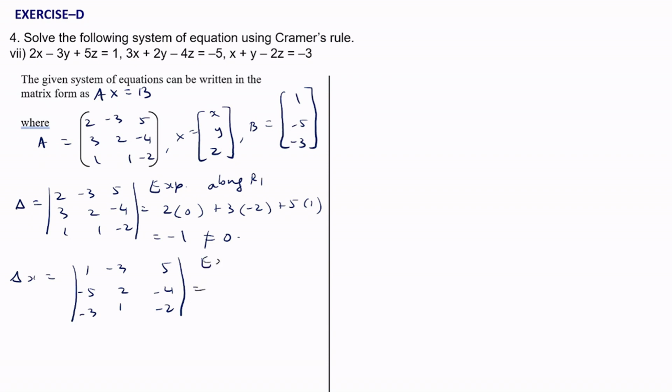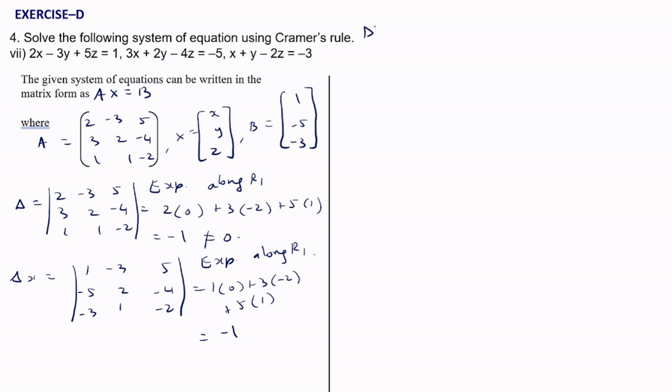Here again, expanding along R1, it is 1 into minus 4 plus 4, which is 0. Then plus 3 into 10 minus 12, which is minus 2. Plus 5 into minus 5 plus 6, which is 1. So this is minus 6 plus 5, which is minus 1.